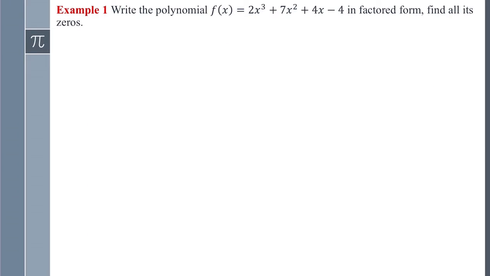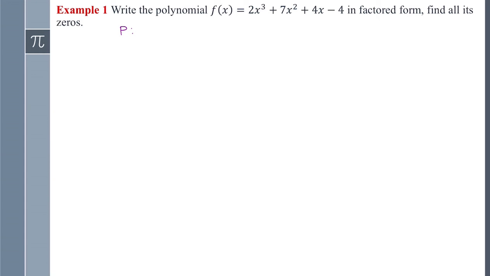Okay, so here we have a polynomial. We are interested in finding the zeros of this polynomial, or writing this in factored form. So the first thing is we need to find what p's and q's are. We'll first find p. p represents the factors of the constant term.